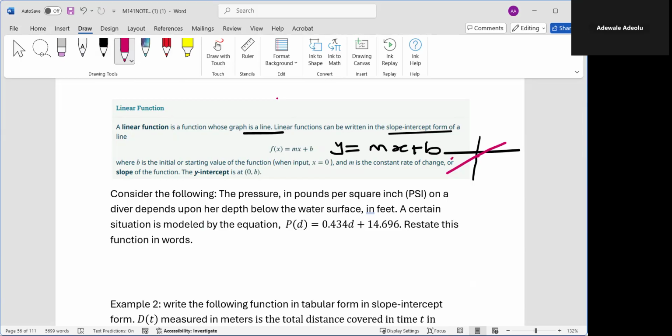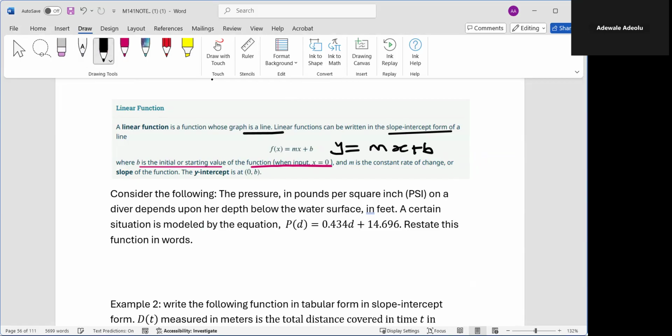Another way to see that is to say b is the initial or starting value of the function when the input x is 0. You can see from my graph here that x is 0. Let me draw this very well so that you can see it clearly.